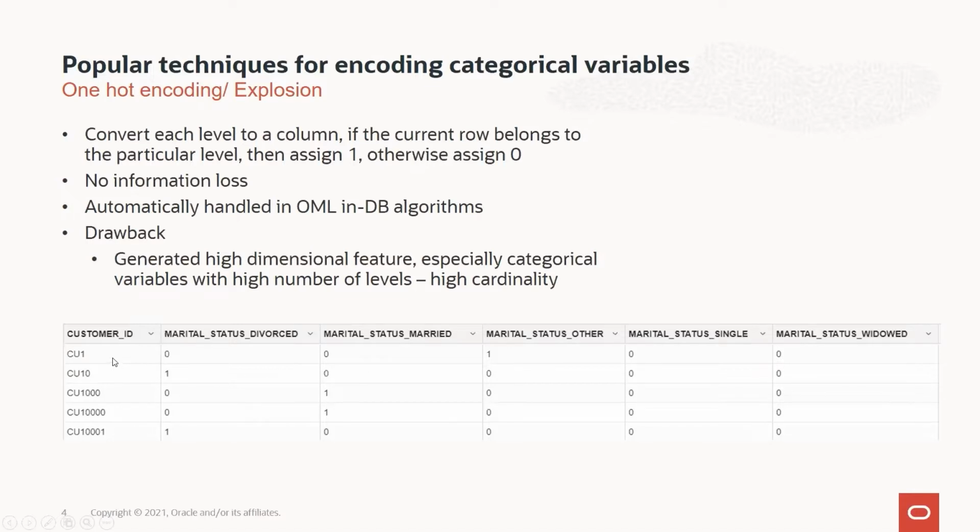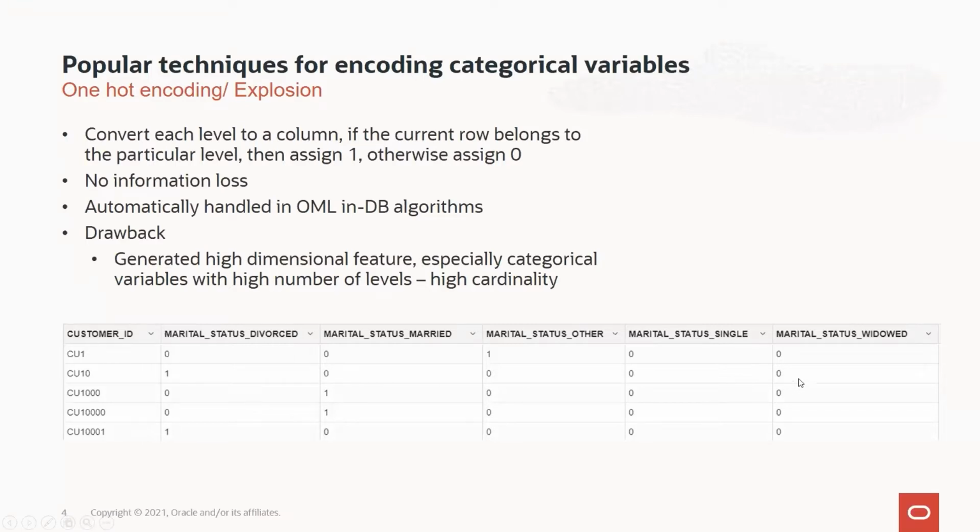For each row, if it belongs to one of the levels, like being divorced here, then you assign 1 and 0 to the others. Only one entry is 1 and all the others are 0. That's why we call it one-hot.